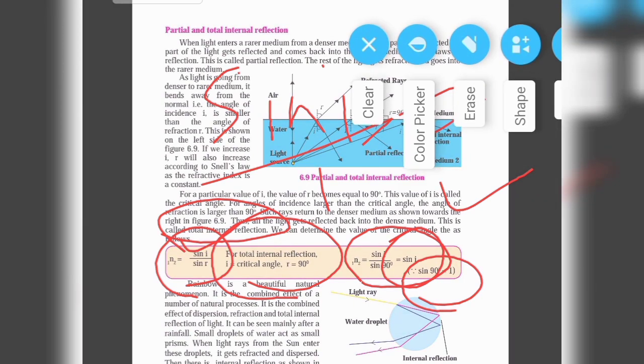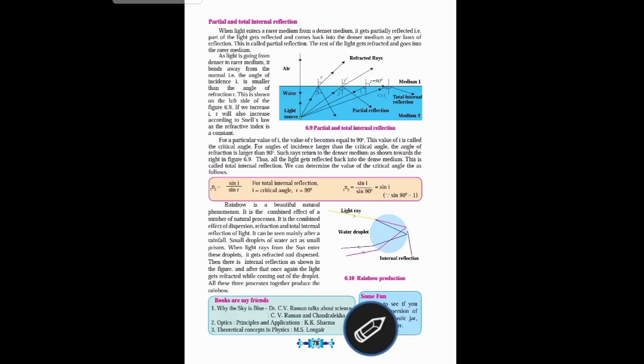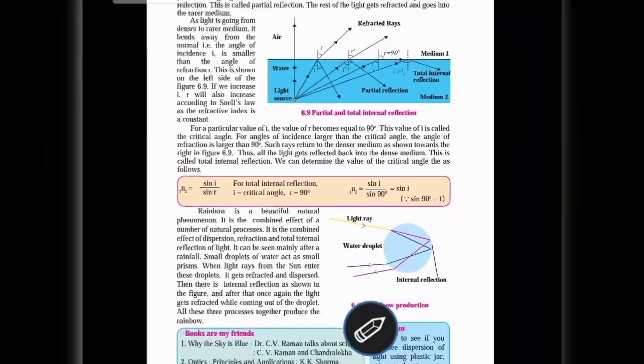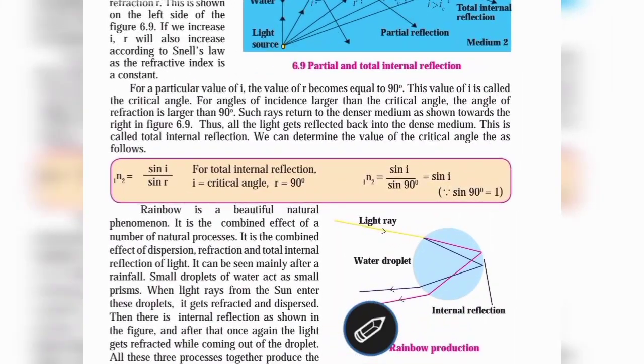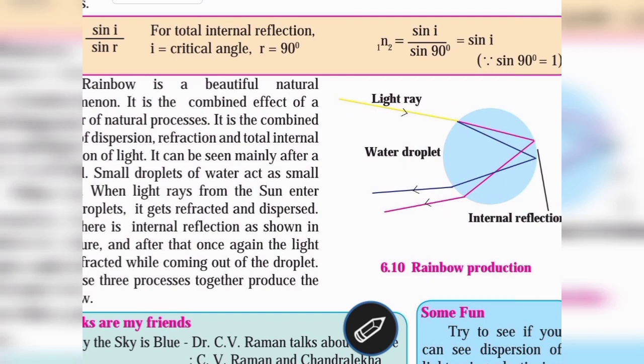Okay, and then the last point, friends. The last point is also very important. Here it is given how the rainbow is formed in the sky. There is also dispersion of light, friends.